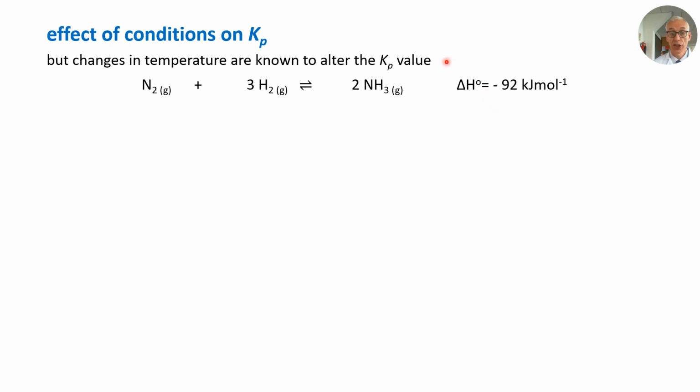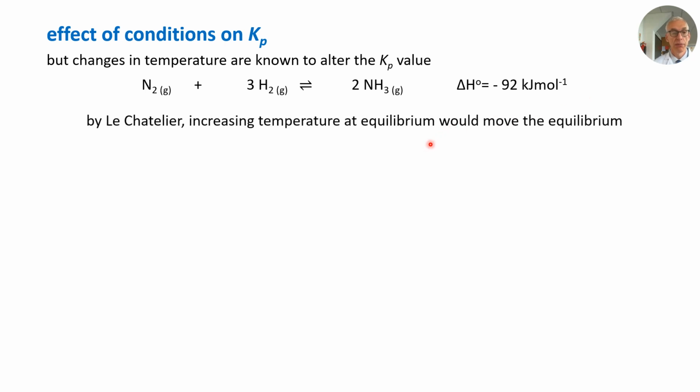On the other hand, changes in temperature are known to alter equilibrium constant values, Kp values. So if we look at the Haber process, and we've got delta H indicating that the forward reaction is exothermic, then by Le Chatelier, increasing the temperature at equilibrium would move the equilibrium in the endothermic direction to the left.